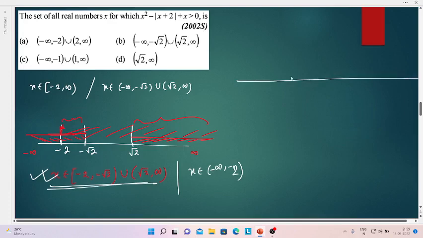So let me write these solutions on the real axis. Suppose this is minus 2 and this will be minus root 2. Similarly, that will be root 2, and minus 2 is there. Suppose this is minus infinity and this is infinity. Let me write the vertical lines here.